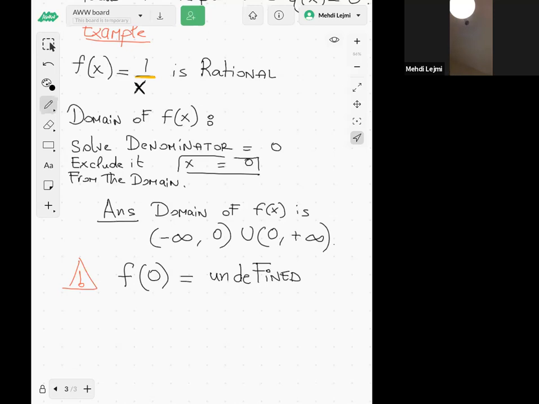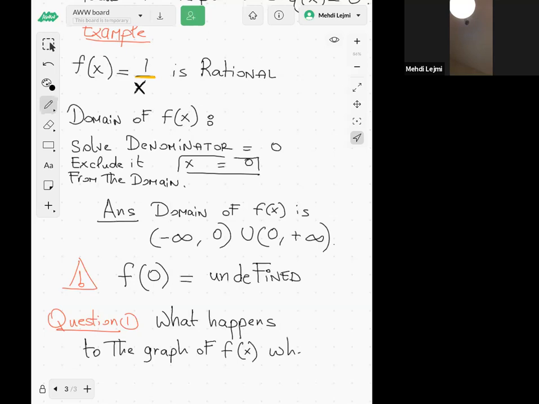However, what we're going to do now, guys, is see what happens to the graph of f when x approaches 0. So question 1: what happens to the graph of f of x when x approaches 0?